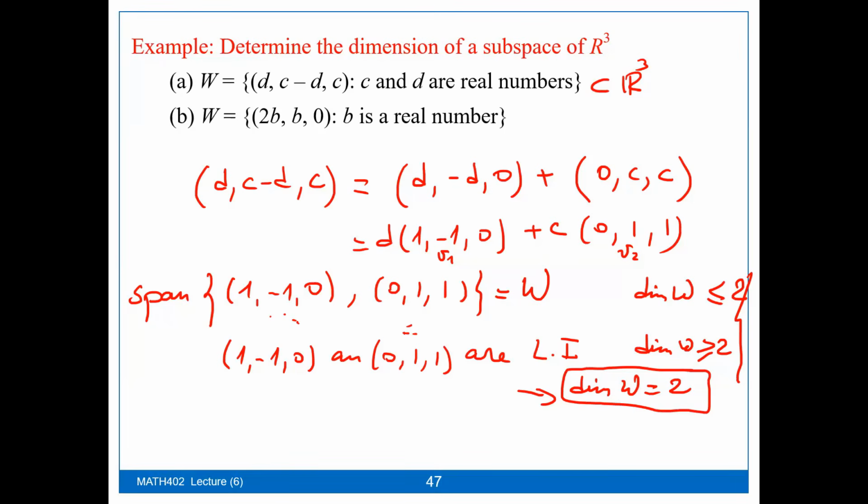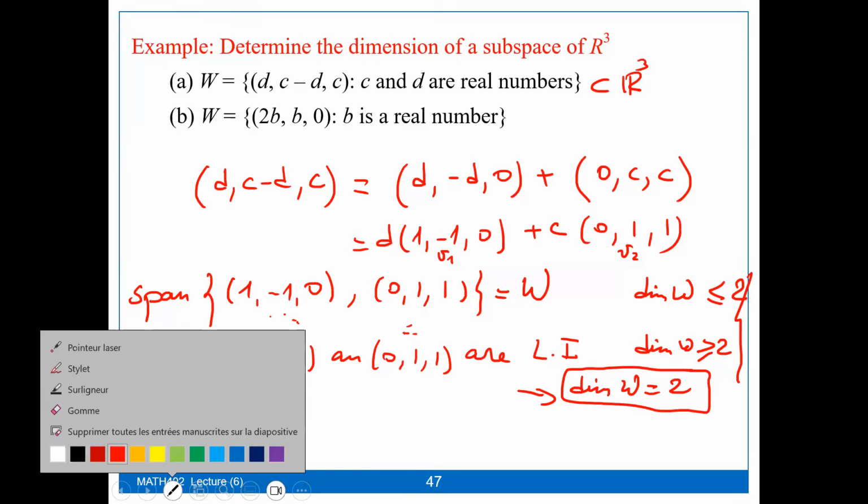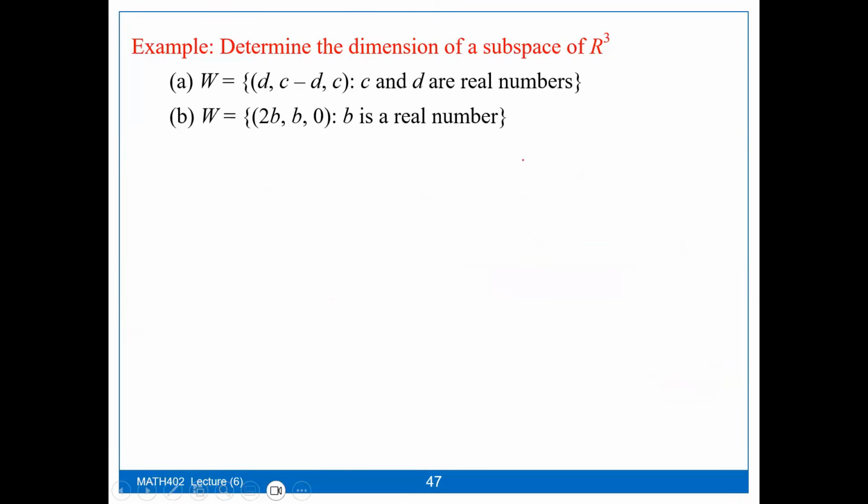What about example 2? What do we expect? What is the dimension of W? Example 2, in your opinion, here? What is the dimension of W?